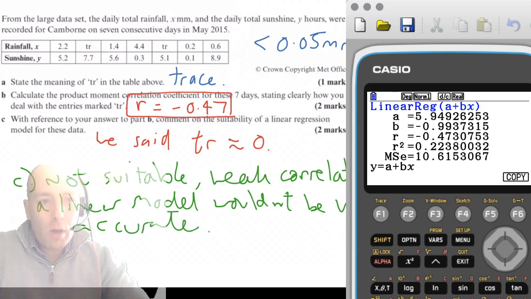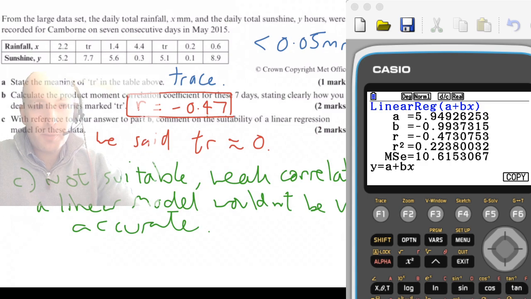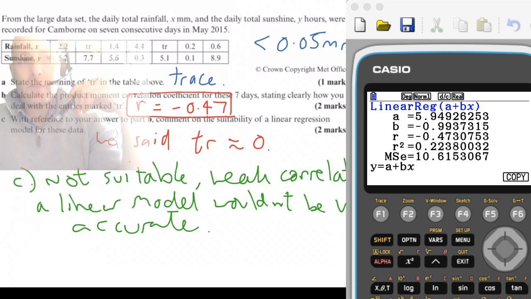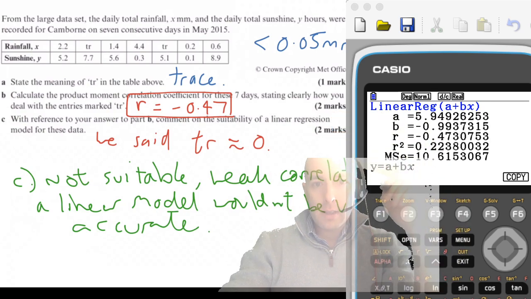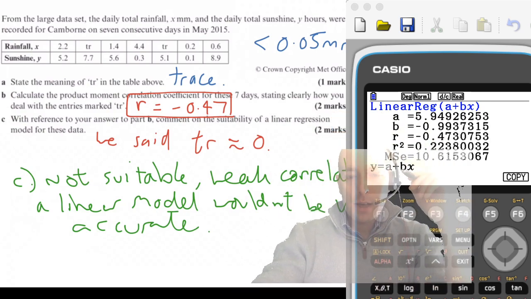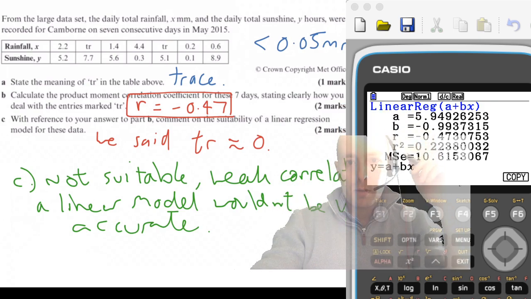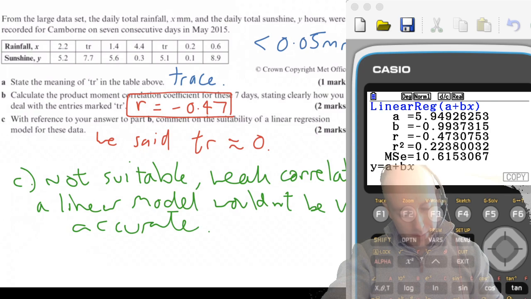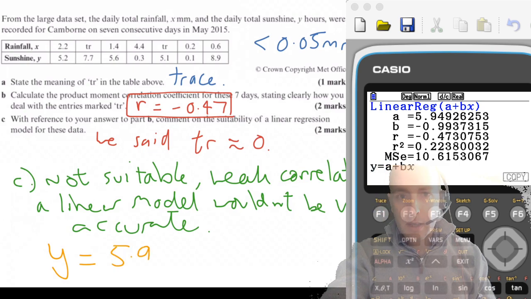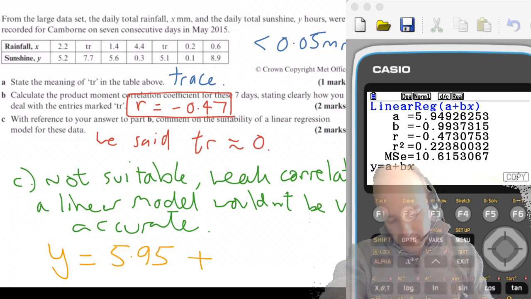Cool. Right, while we're here though, I know a linear model wouldn't be very accurate, as I've just said. We're going to find one anyway, just because it's all on this screen on the calculator. So the model is here, y equals a plus bx, and a and b are up here. So if I want to write down my model, I can just copy it down. Y equals a, which is 5.95, plus b, which is minus 0.99, x.